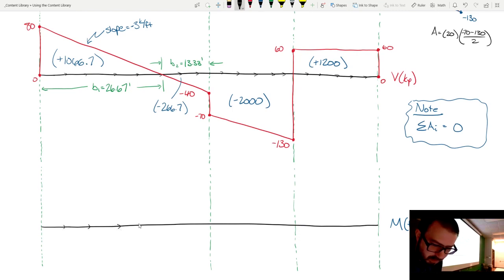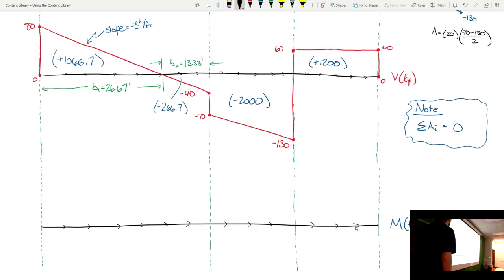Put my little tick marks on here. Again, probably not necessary for what I'm doing on the screen since I'm using colors, but if you're just using a pencil, I find it's a pretty good idea to just make sure you know where the 0 line is.